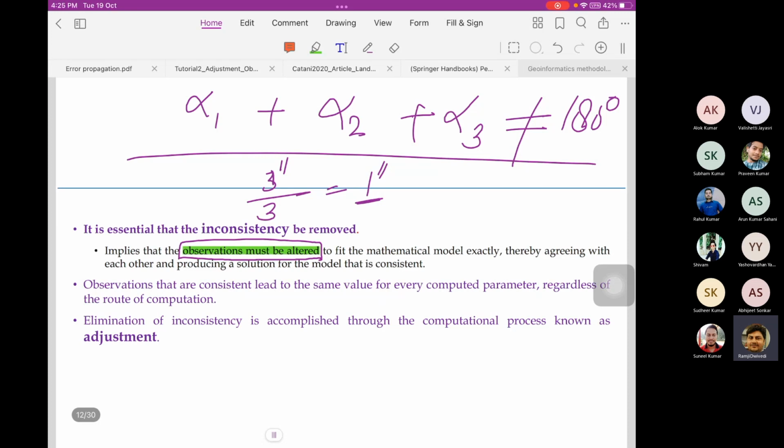Every observation you have to look at from the point of view of a detective. Just like a detective tries to figure out who is the main accused, you have to figure out what are the sources of errors, what are the types of errors, the nature of errors, the magnitude of errors, what are the models. You have to think of everything. Then only you would be a good geoinformatics professional.